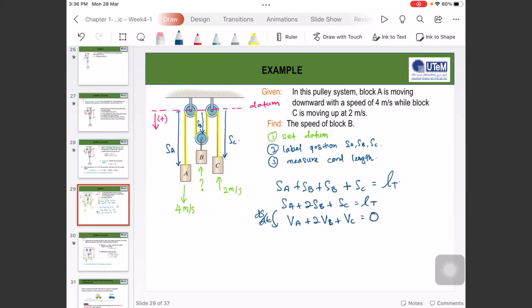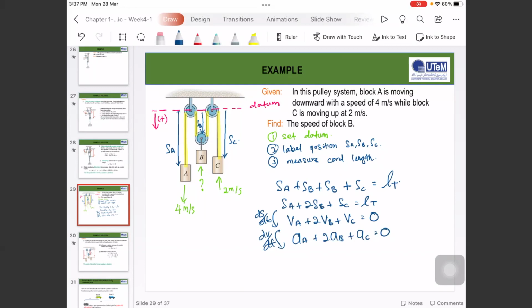Okay, differentiate kan sekali lagi to AB. Okay, so find the speed of block B.